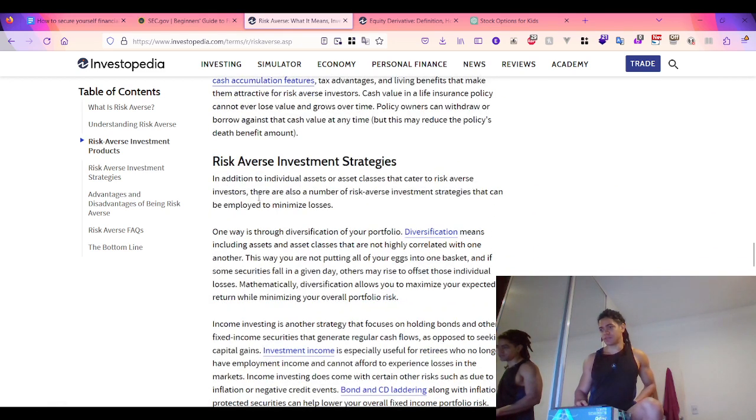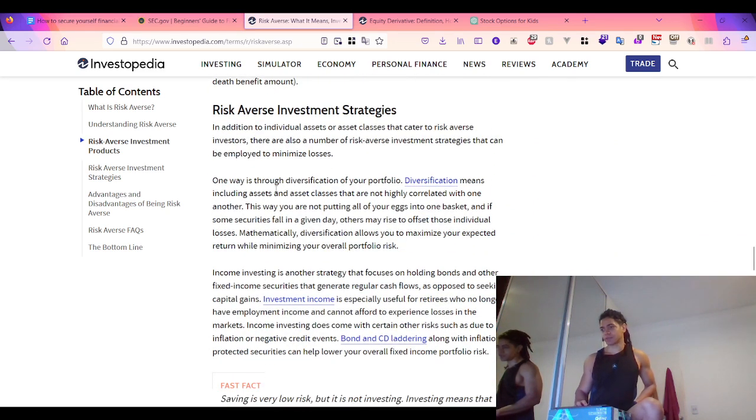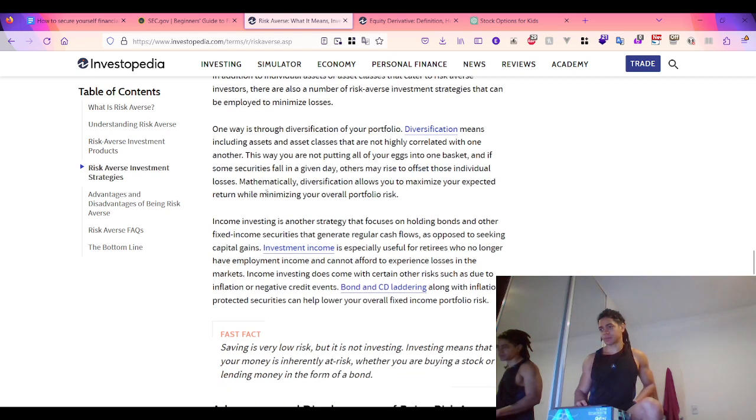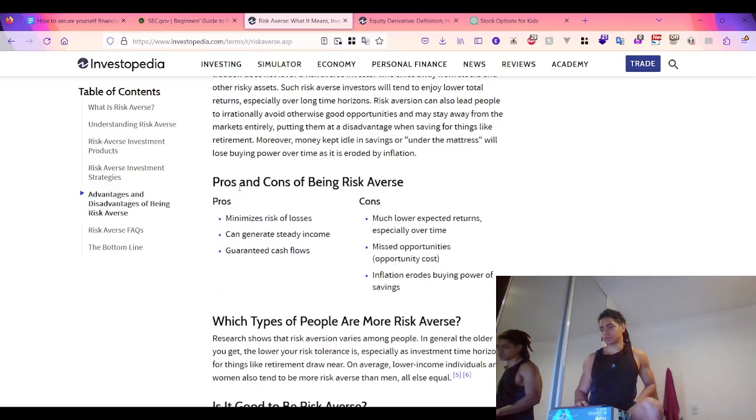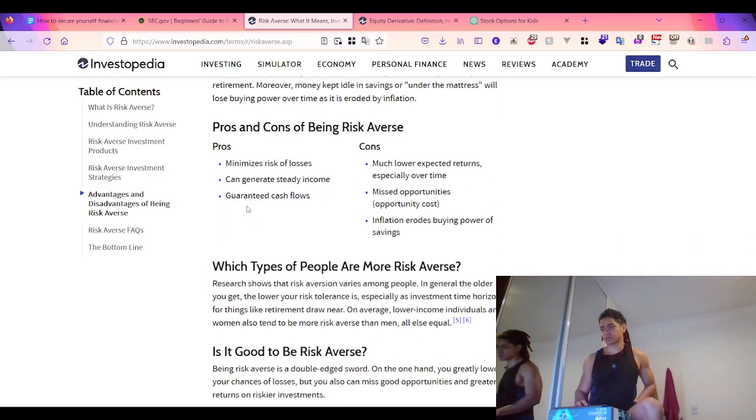Risk averse investment strategy: income investment is another strategy that focuses on holding bonds and other fixed income securities that generate regular cash flow. Advantage and disadvantage: inflation erodes the buying power of savings.